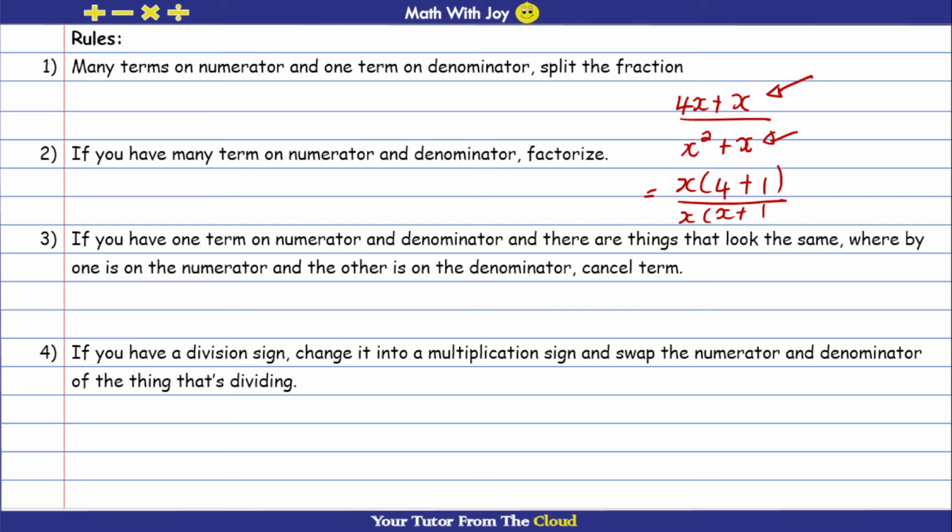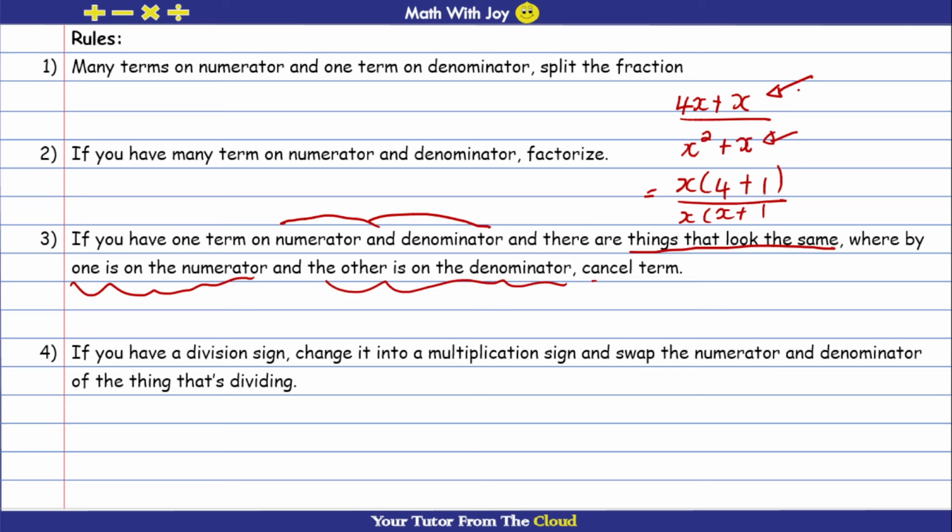Now, if you have one term in the numerator as well as the denominator, and there are things that look the same, whereby one of them is in the numerator and the other is in the denominator, then you can cancel.